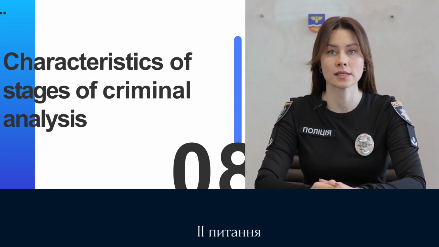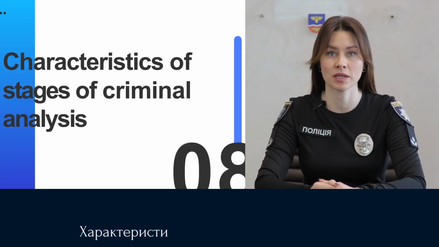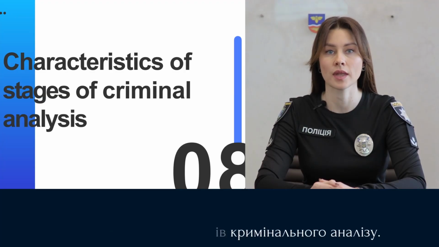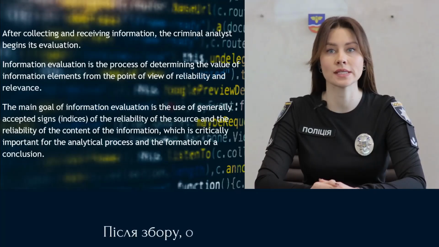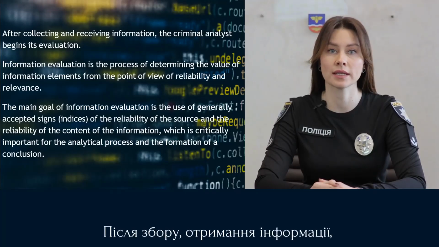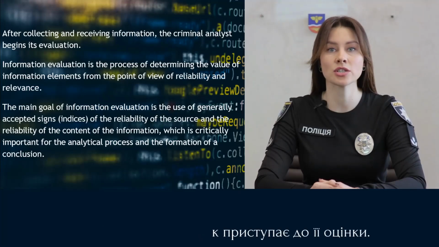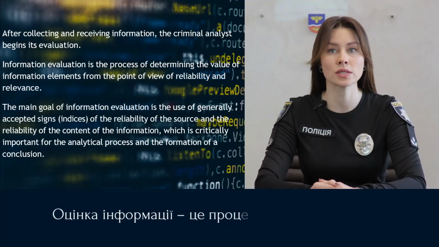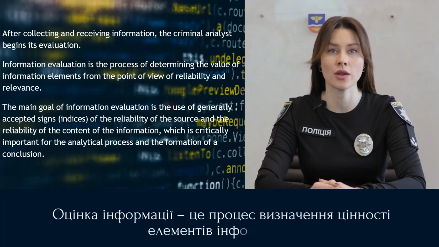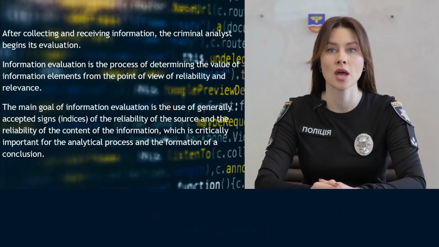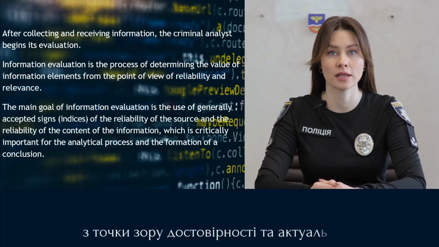Next question is characteristic of stages of criminal analysis. After collection and receiving information, the criminal analyst begins its evaluation. Information evaluation is the process of determining the value of information elements from the point of view of reliability and relevance.